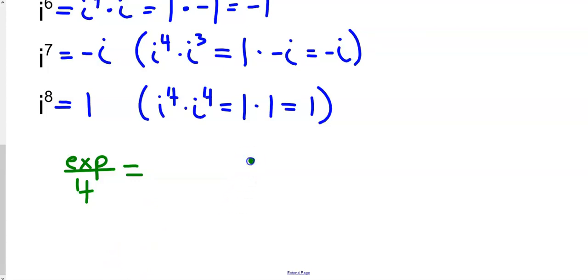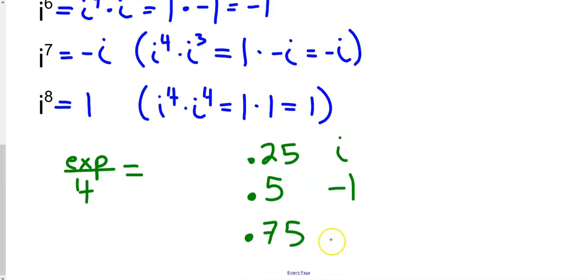If your decimal, when you divide, is 0.25, your answer will be i. If when you divide those out your decimal is 0.5, your answer will be -1. When you divide and you get a decimal of 0.75, your answer will be -i.